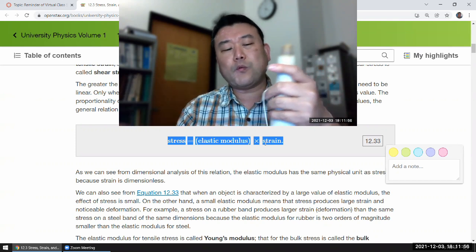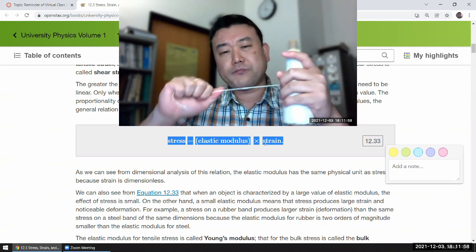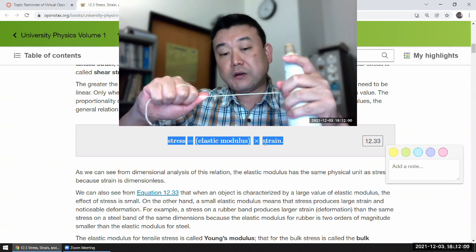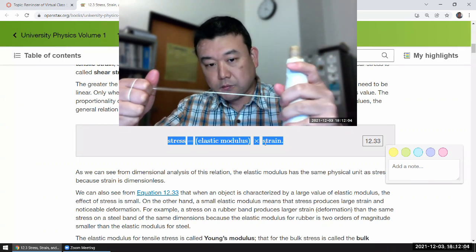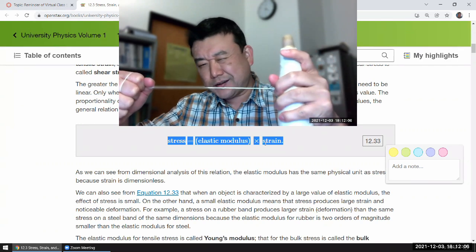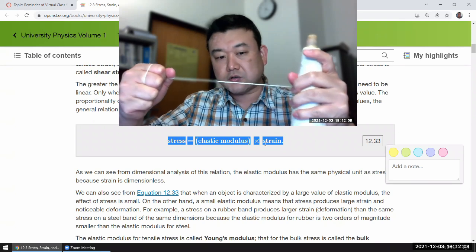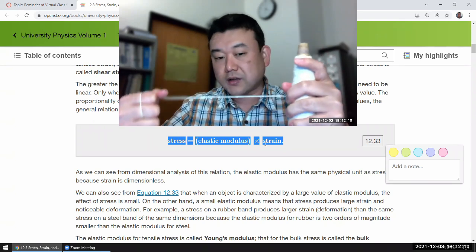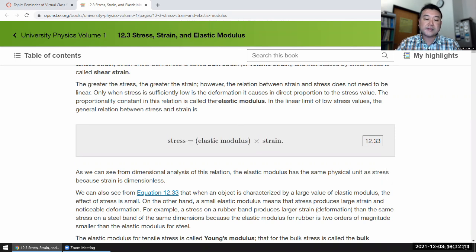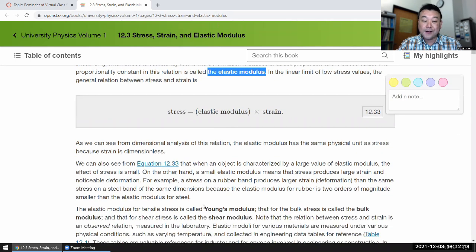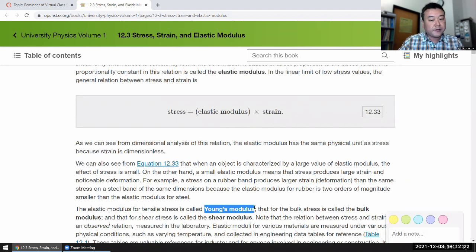And for something weak like this string, if you pulled hard enough, eventually it would break. Before it breaks, it's stretching out a little bit, and when you release the stress, it's not as stretched out. That's where we describe something called elastic modulus, or I learned it by the name Young's modulus, and it's used to characterize materials.